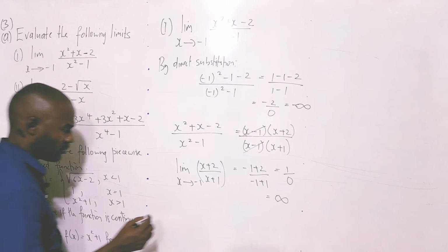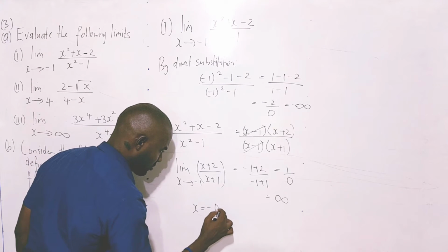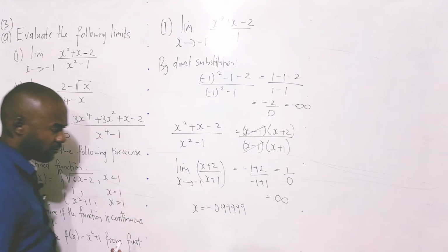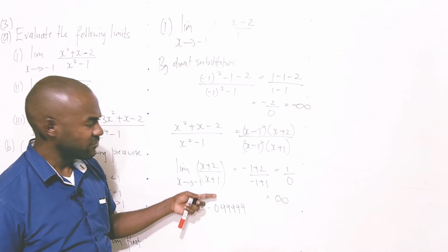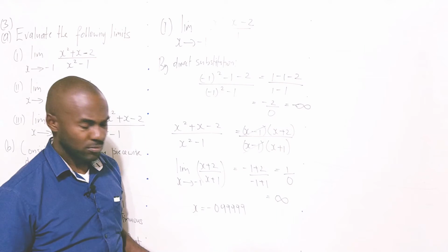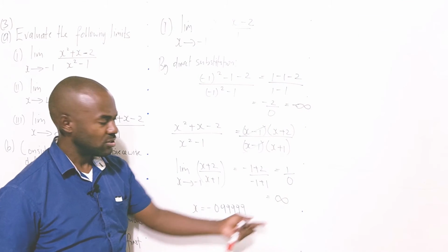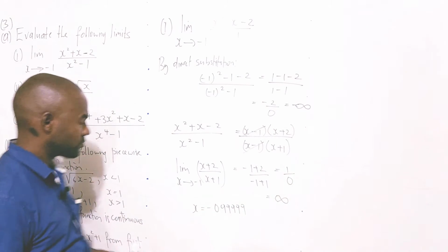So for instance, you could try substituting something like x equals minus 0.99999, and of course you could keep on getting close to minus 1 and see what value this function approaches as x approaches minus 1. So that is one way to check if it is getting very, very large, that is approaching infinity as x approaches minus 1.